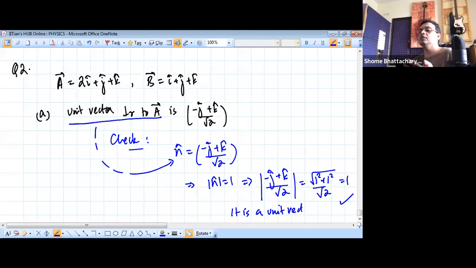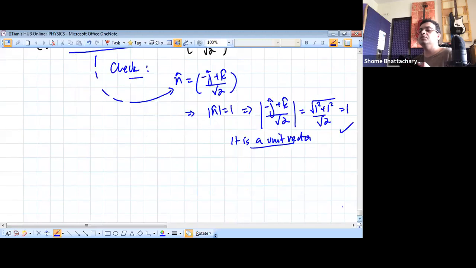No problem with that. But not only it should be a unit vector, but we have to check whether it is perpendicular to A. So if n cap is perpendicular to A, that means n cap's dot product with A should be 0. Let's check that.